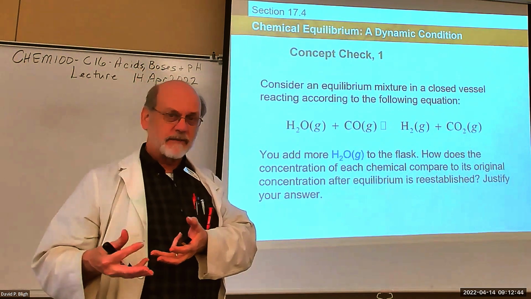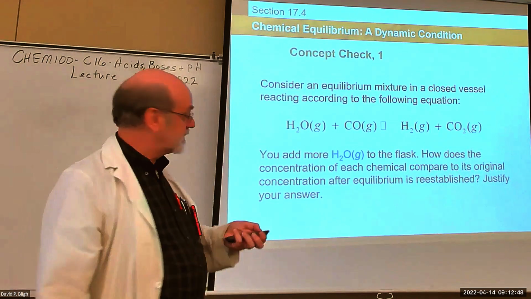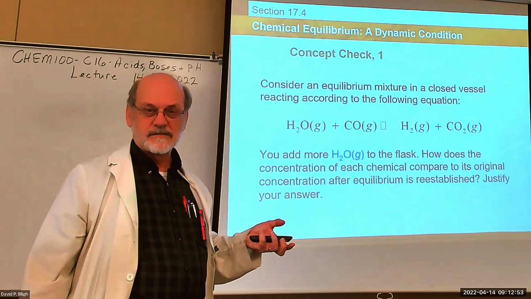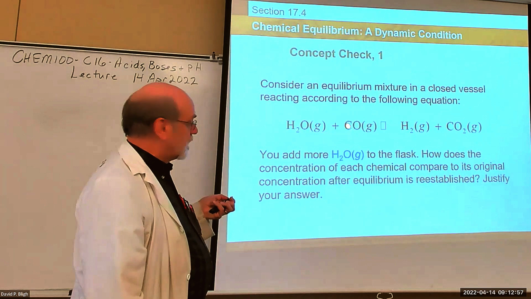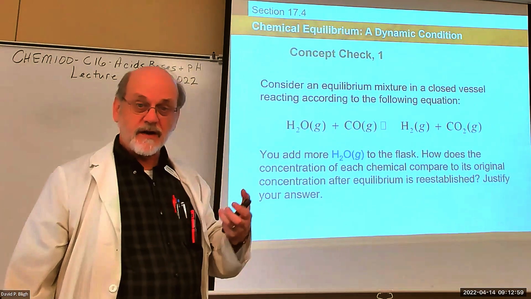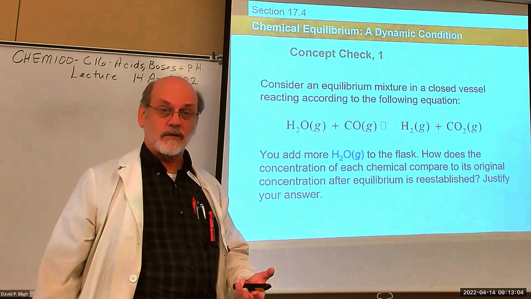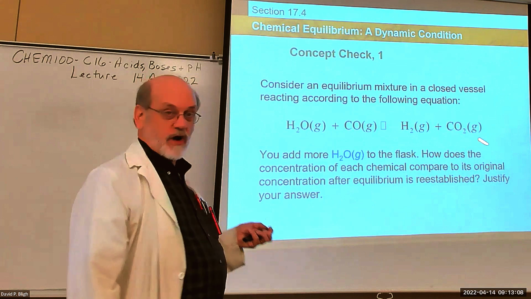But when we reach equilibrium, some of that added water is still there. So we actually did increase the amount of water vapor. And in order to reach equilibrium, some of that carbon monoxide that was there had to be consumed. So its concentration will go down. And we will produce more hydrogen and more carbon dioxide.